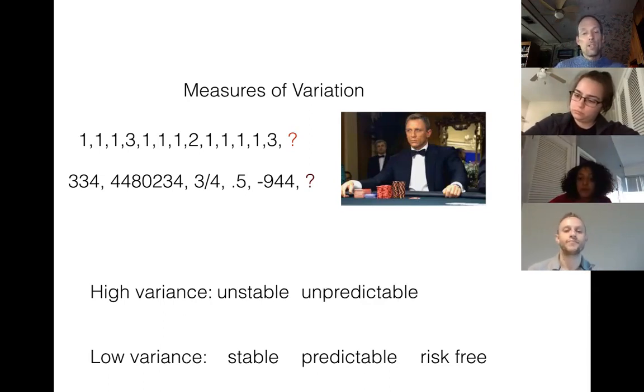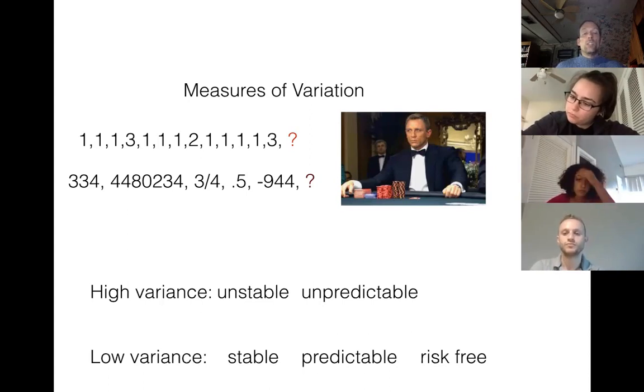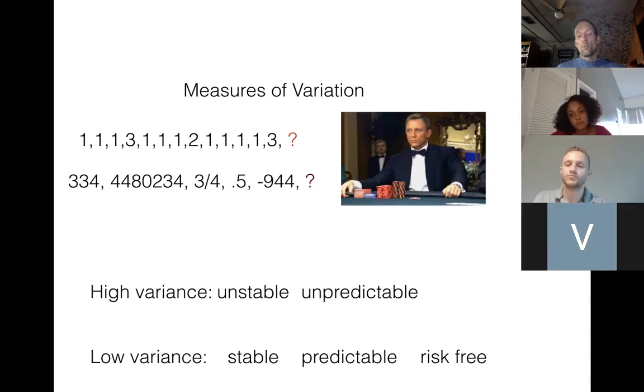Not. Not at all predictable. So if we're going to do some kind of a forecast and we're basing it on a data set that has a really high variance, Ms. Lee, do you think that's going to make our job really easy to do or really hard to do if we're basing a forecast on a data set that's very unpredictable? Hard. You are correct. So it's going to be more risky, a lot harder to get the number right.